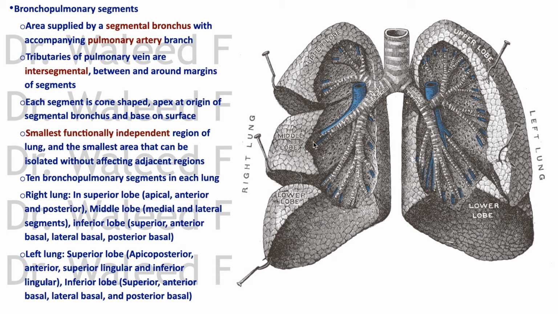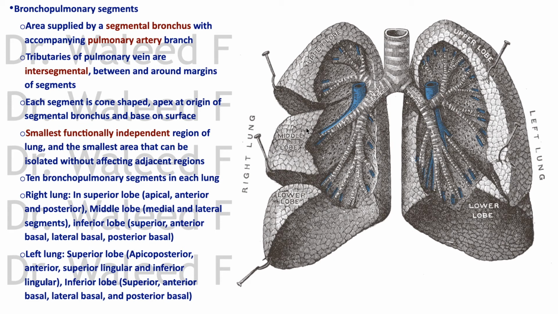It's individual in its blood supply and its bronchial divisions, so you can remove the segment without affecting the nearby segments. And this is the map they follow when the surgeon wants to perform partial pneumonectomy, meaning to excise part of the lung because of a cancer, for example.